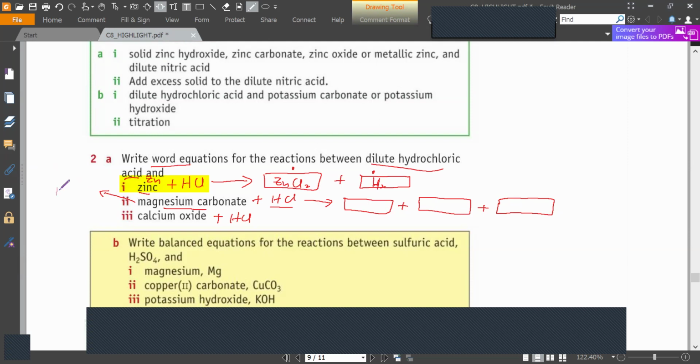Magnesium carbonate is MgCO3, carbonate plus hydrochloric acid.